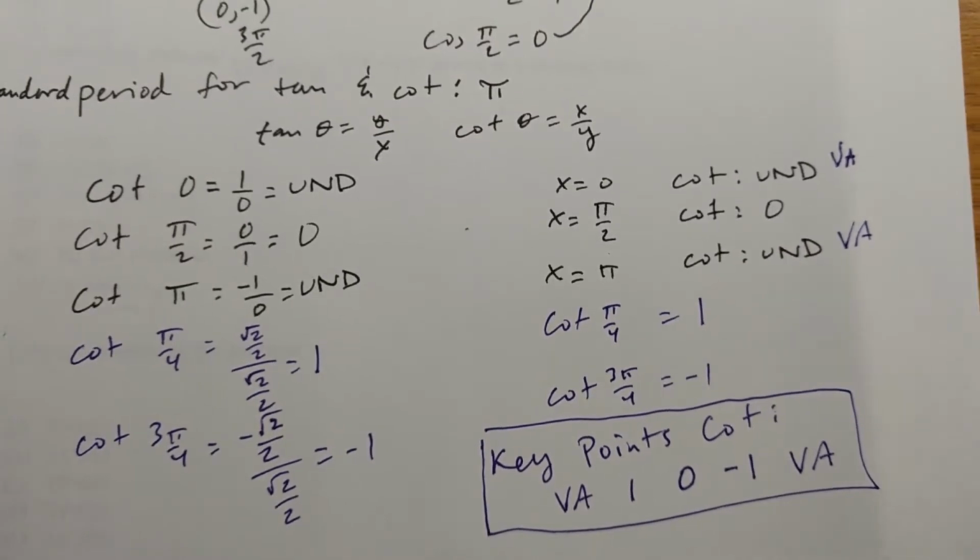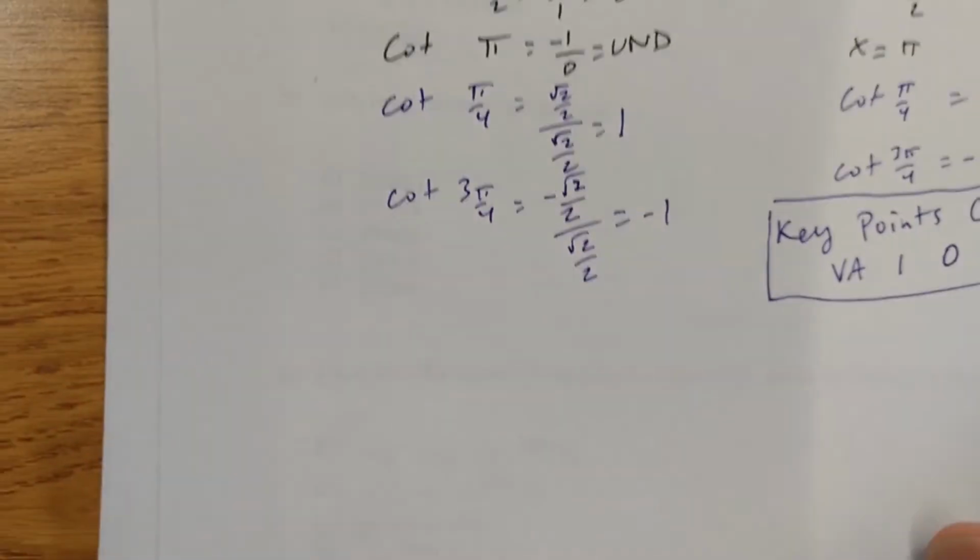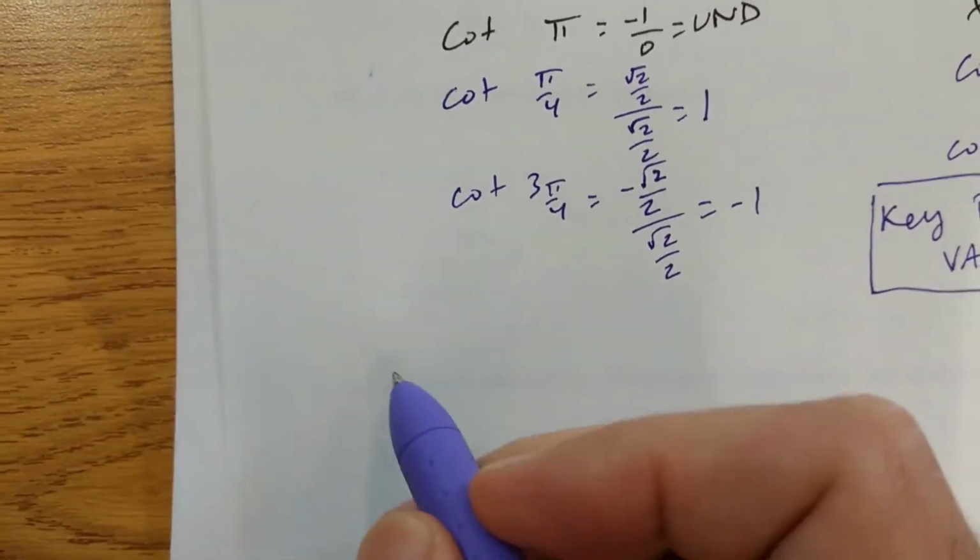So let's go ahead and graph y equal to the cotangent of x and see what this thing's going to look like.